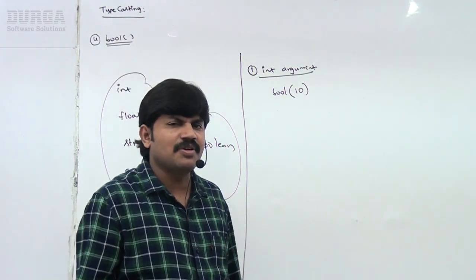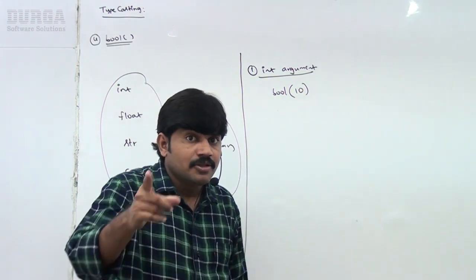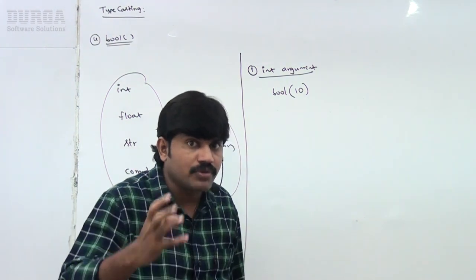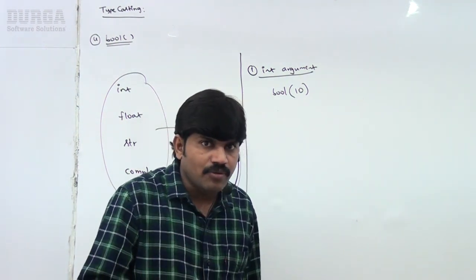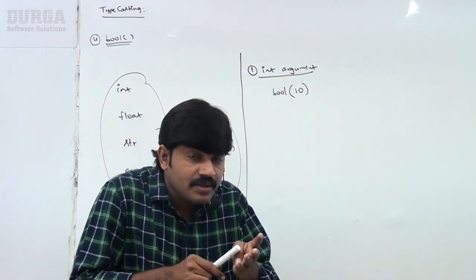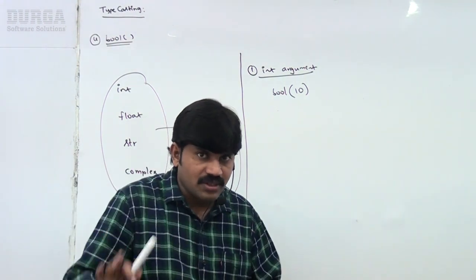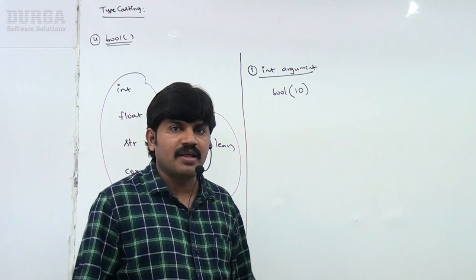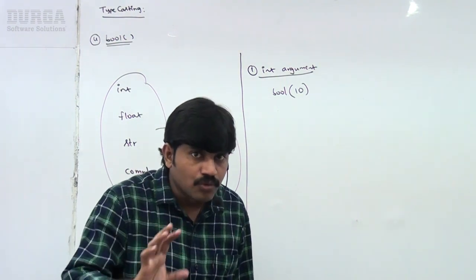Very simple, sir. If the argument value is 0, then false. Non-zero means true. Please make sure, whether it is int type, float type, or complex type, everywhere this rule is always the same. If the argument is 0, it is treated as false, otherwise it is treated as true.